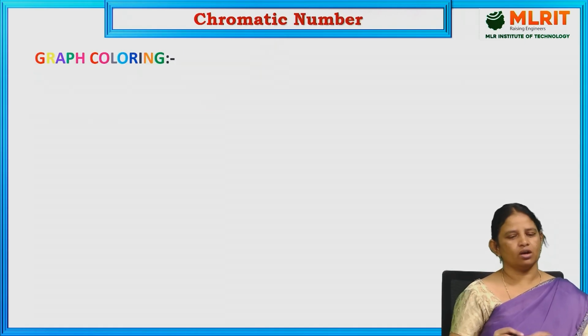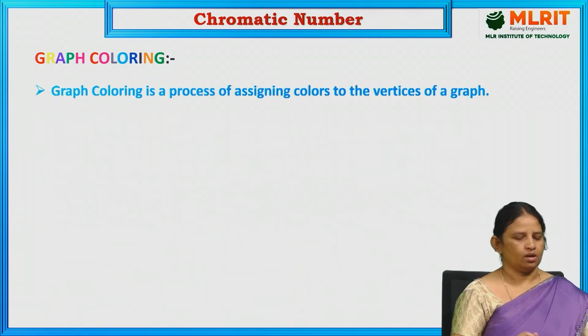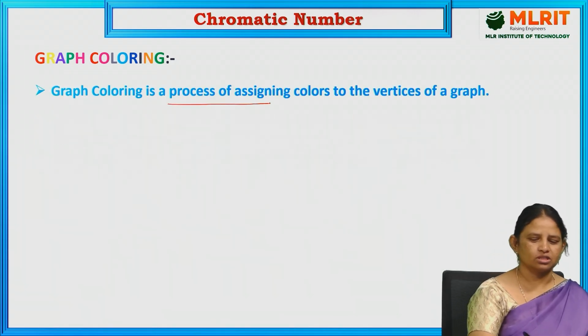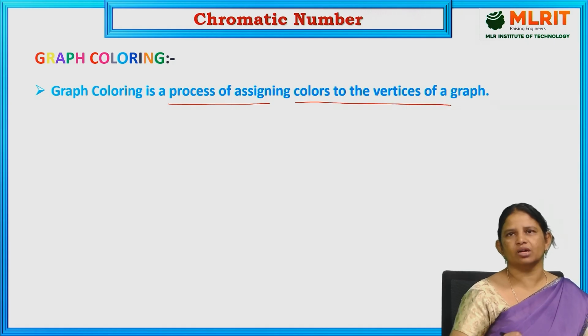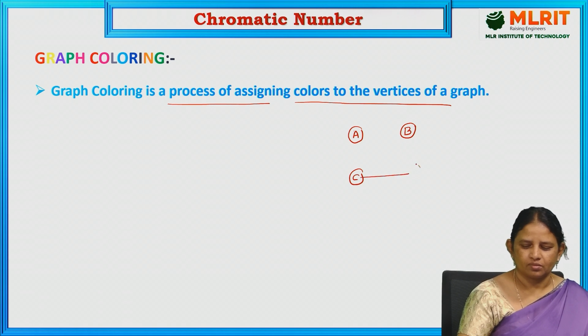So first of all, the definition of graph coloring. What is the definition of graph coloring? Graph coloring is the process of assigning colors to the vertices of the graph. For example, the graph consisting of 4 vertices. This is a graph, so we need to give some colors to the graph.